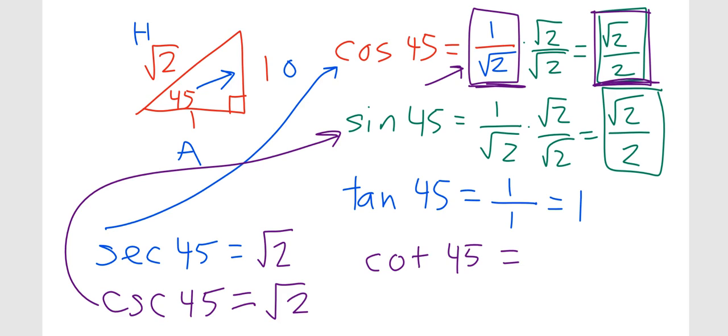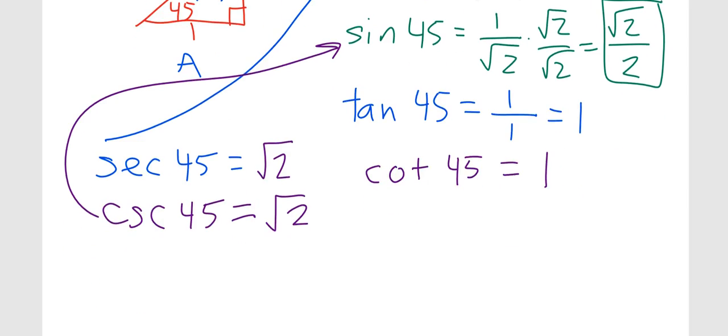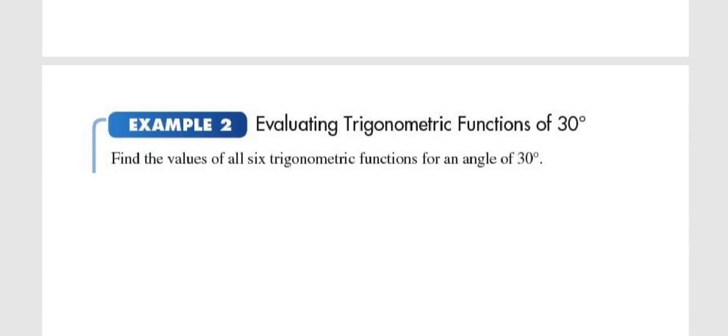What do you got? 1. Thank you very much. Yeah, that's the hard one, right? Flip that thing over. Okay, but that's it. Those reciprocal trig functions are not that complicated. You just have to remember which one goes with which and just find the reciprocal of it. Okay?